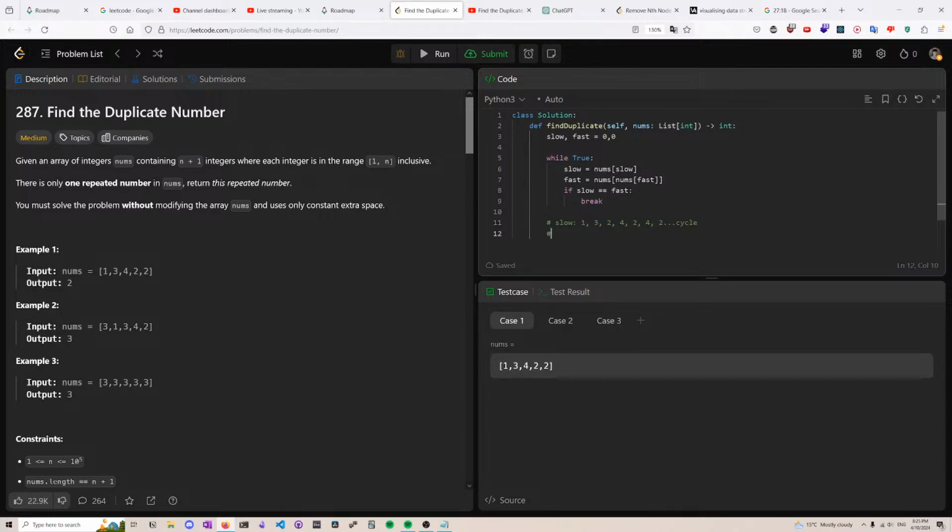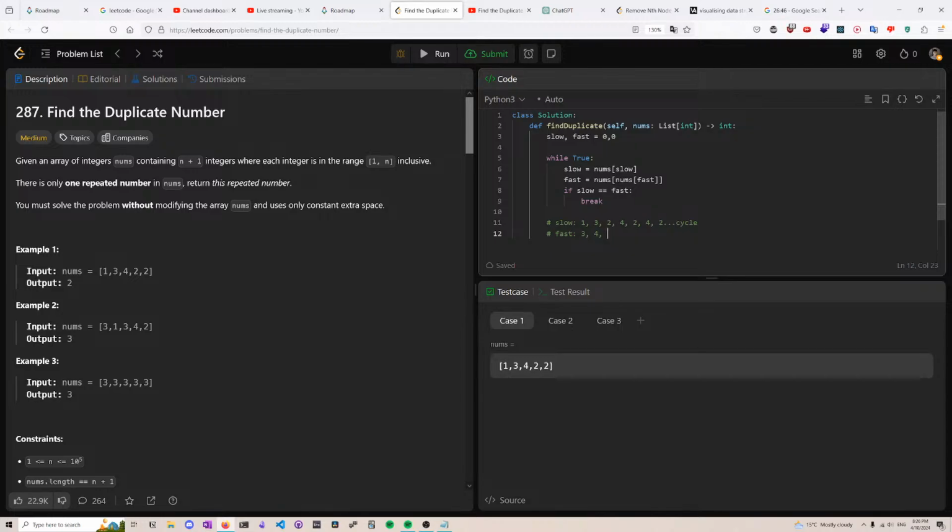Okay, so fast. Because we're doing it 2 times, nums of 0 is 1, and then nums of 1 is 3. Okay, so nums of 3, 0, 1, 2, 3 is 2. Nums of 2, 0, 1, 2 is 4. Nums of 4, 0, 1, 2, 3, 4 is 2.